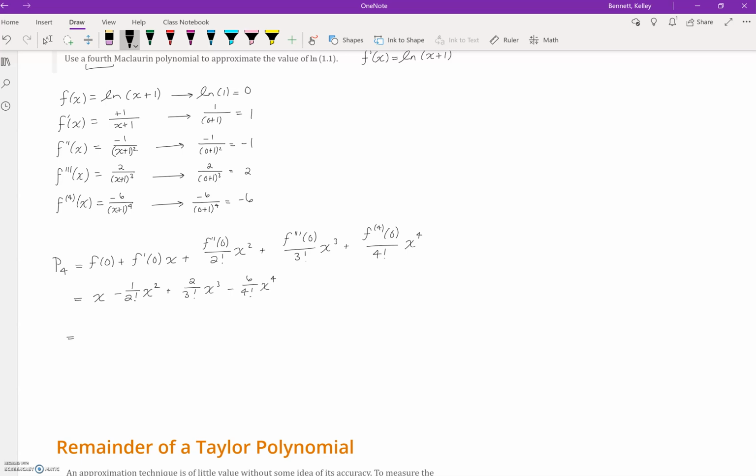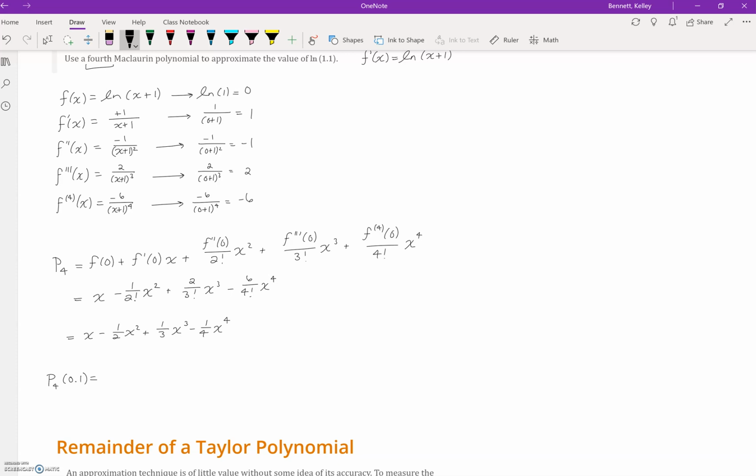And we can go ahead and simplify a bit further. So x minus 1/2 x squared plus 1/3 x cubed minus 1/4 x to the fourth. So this allows us to approximate the natural log of 1.1 by just plugging in 0.1 into our polynomial. Because remember that f of x is the natural log of x plus 1.